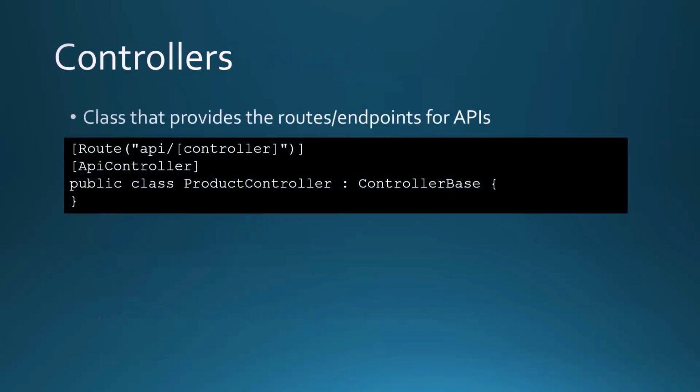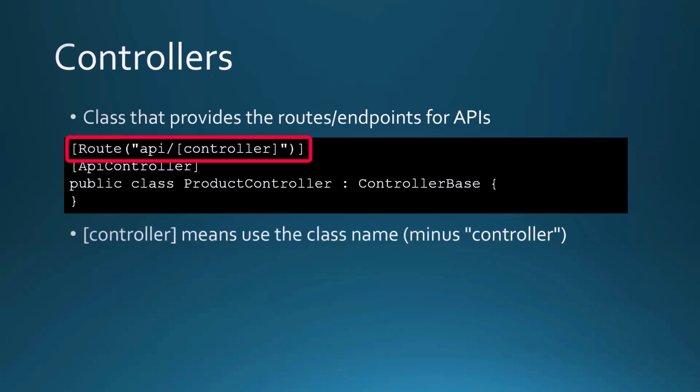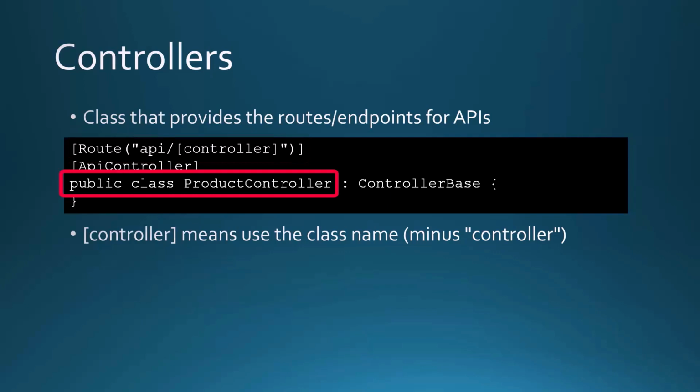So controllers are just classes that provide the routes or the endpoints for APIs. If you look up there in the route attribute, we have API / and then in square brackets, controller. Controller means use the class name, but we don't include the controller portion. So here you see public class ProductController. The route would be API/product.